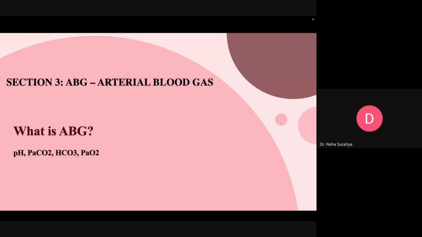This analysis gives you an idea about pH, partial pressure of carbon dioxide, partial pressure of oxygen, and bicarbonate level. Real-time picture means the current status of respiratory and metabolic function.